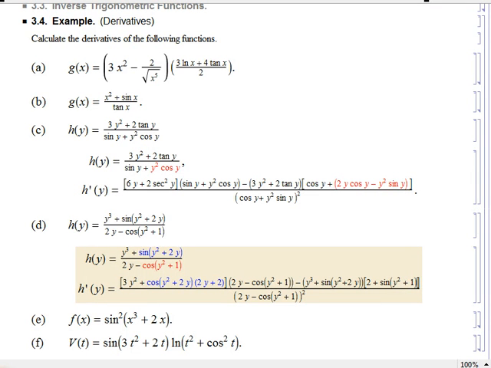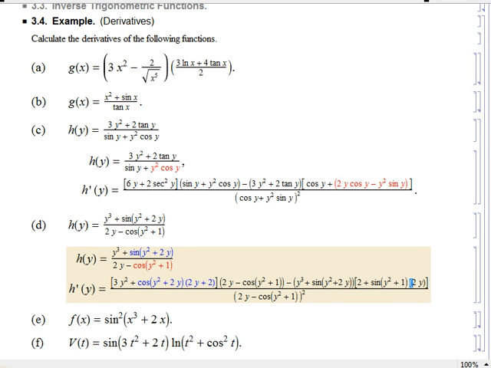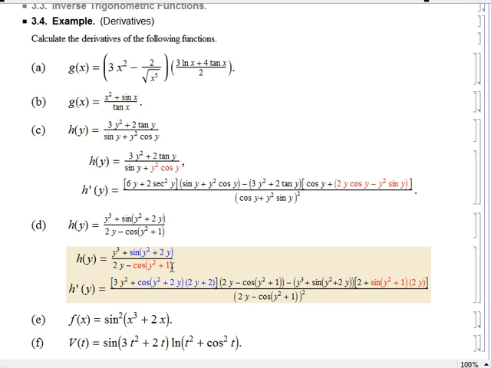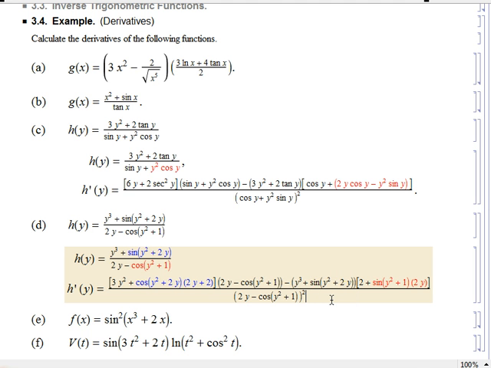And then finally, we have to multiply the derivative of the inside. That's 2y. And let me highlight this part in red to represent that this came from this composite function. And now this completes the solution, I think.